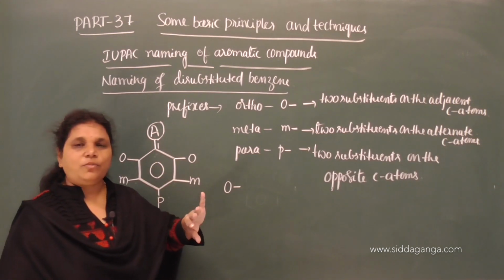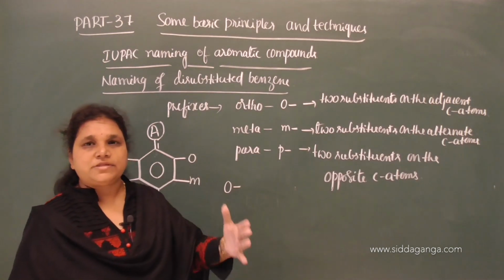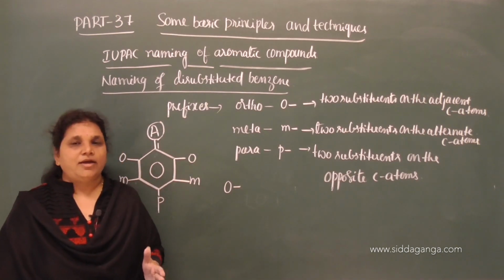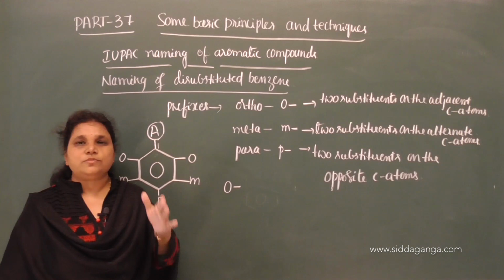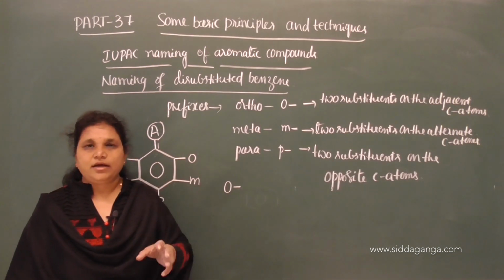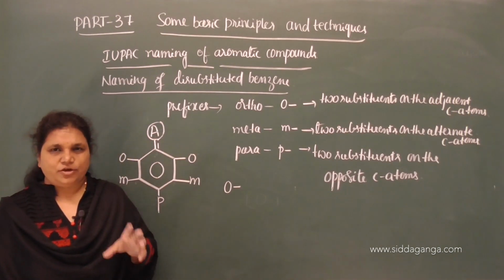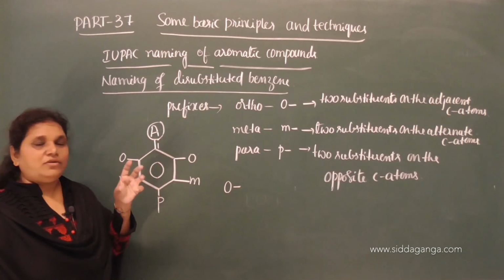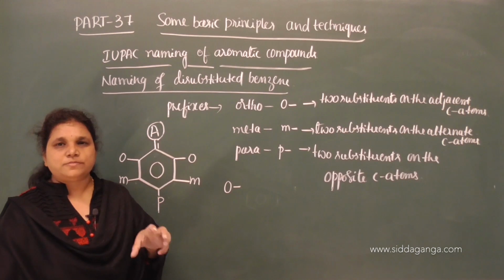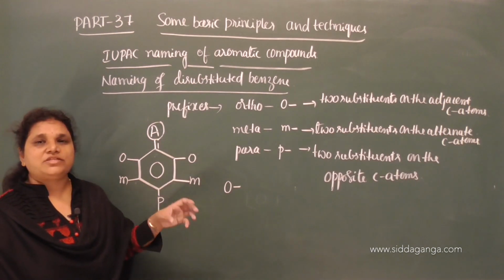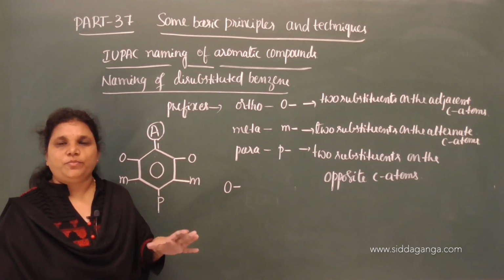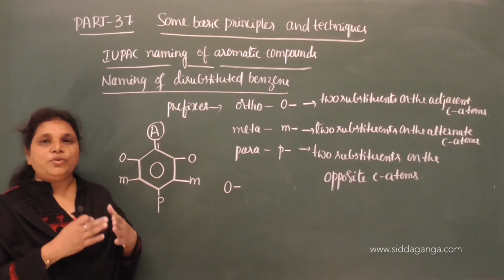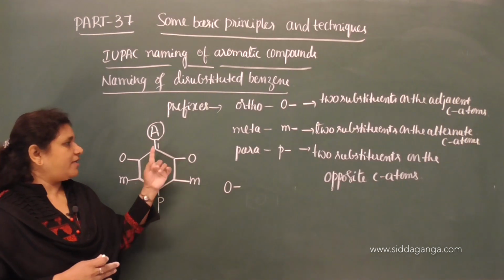When functional group and a substituent group both are present, we need to give the preference for functional group, and we have to assign the lowest possible number to that carbon which is carrying a functional group. Okay, ಈ locants ಕೊಡಬೇಕಾದ್ರೆ, so we need to give the lowest possible number to the carbon which is carrying a functional group. ಯಾವ ಕಾರ್ಬನ್ಗೆ functional group attach ಆಗಿದ್ರೆ that gets the lowest possible number, that is 1.